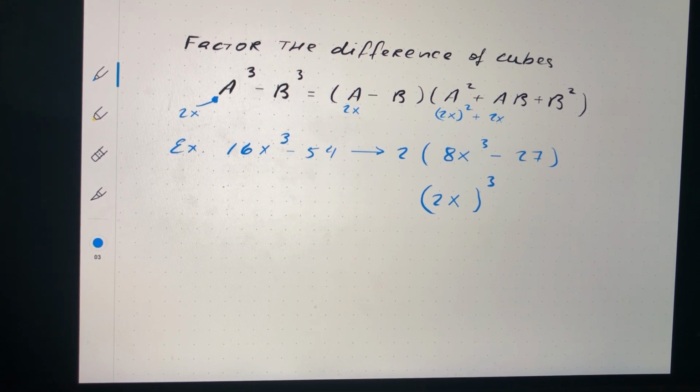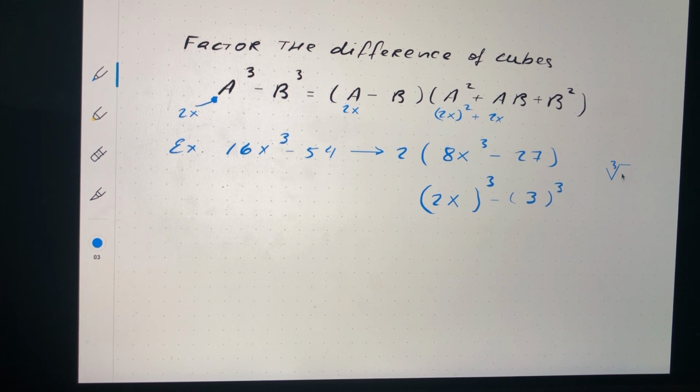Then, can we write 27 as something cubed? Yes, 3 cubed happens to be 27. To check it with a calculator, we can take the cube root of 27, and on a calculator, cube root is the power 1/3.